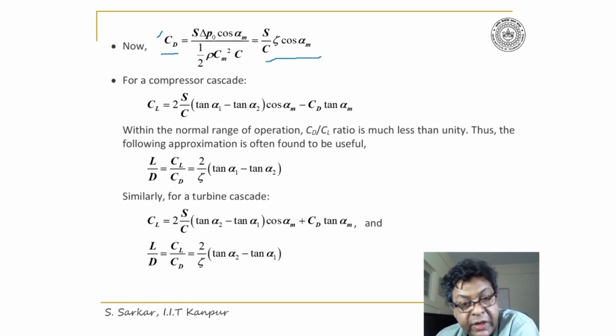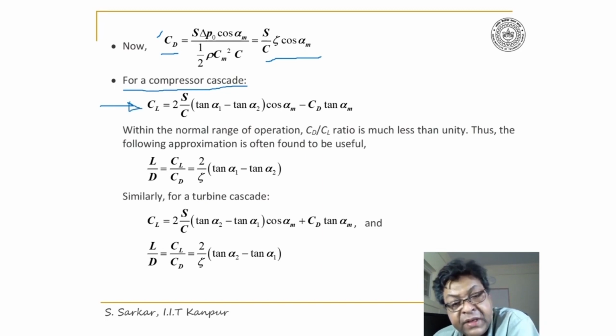And thus for a compressor cascade, I can say CL is equal to twice S by C tan alpha 1 minus tan alpha 2 into cos alpha m minus CD into tan alpha m. This also has been proved.